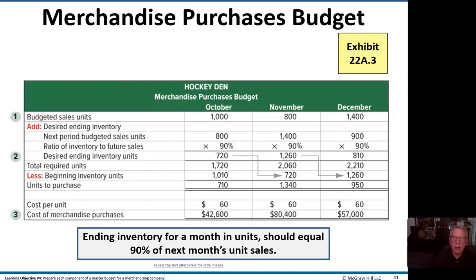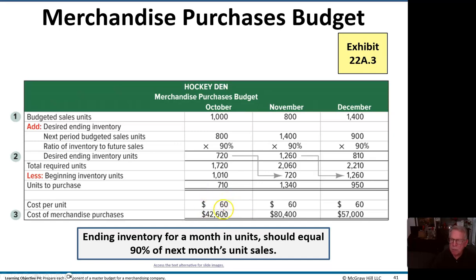So if we look at that for the hockey den, here we've done just that. We start with our budgeted sales units. We add our desired ending inventory, which is 90% of future sales, just like it was with our manufacturing company. We do it the very same way. And we back out our beginning inventory units, and that gives us our units to purchase.